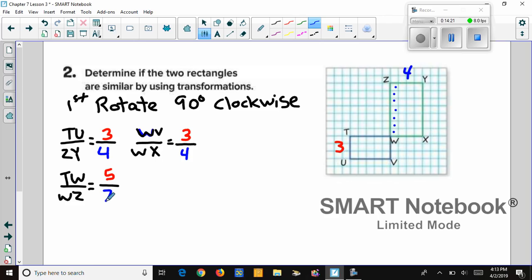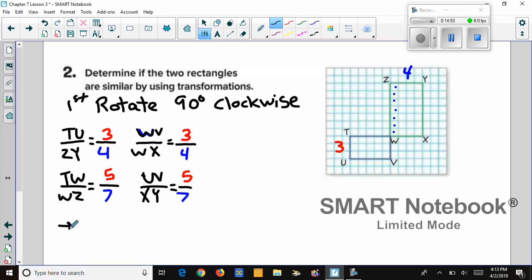So 5 over 7. That is the same ratio we would have if we did UV and XY. Notice that these are not equal ratios.